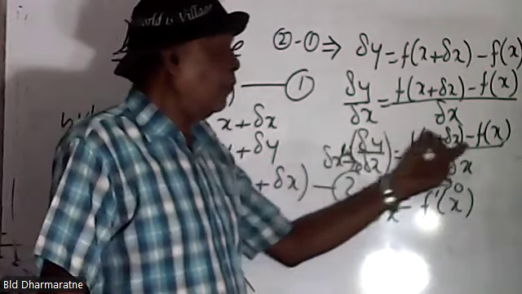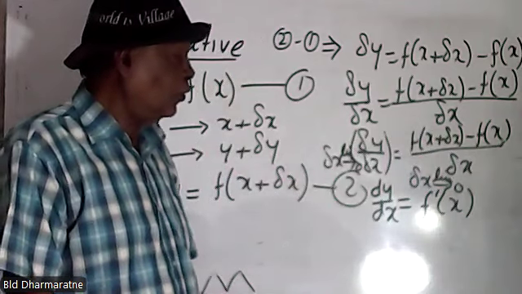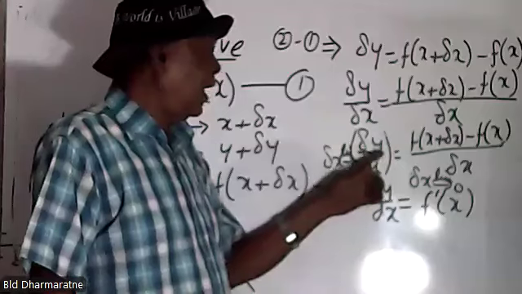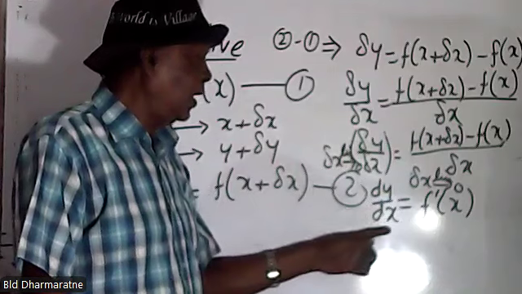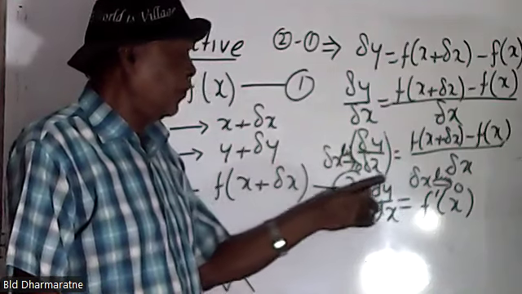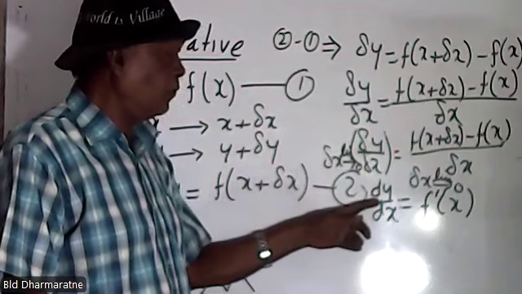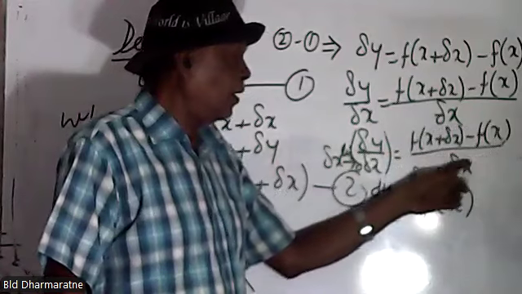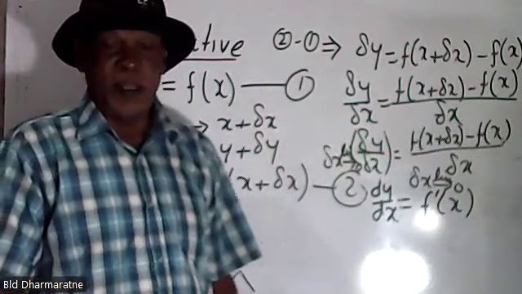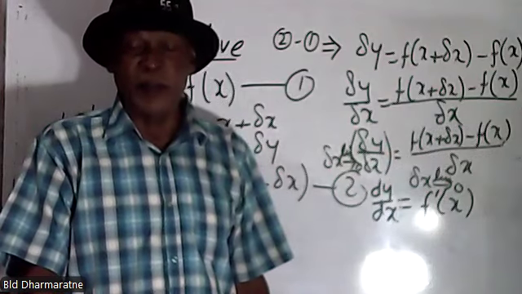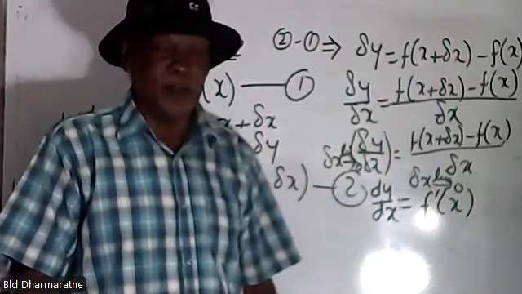Now we are using these terms: delta y by delta x as delta x tends to 0, the limiting value, is denoted dy by dx. This quantity is normally denoted by f dash x, the first derivative of the function f of x. This is the derivative of the function, dy by dx equals f dash x.